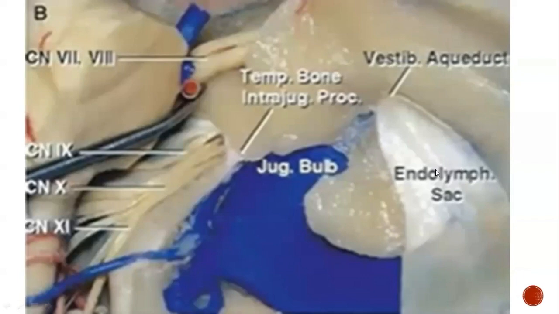Here, as I have already discussed, we have the endolymphatic sac, which opens into the vestibular aqueduct slightly lateral. So here we can see that this is cranial nerve 9, which is slightly medial. And then we have the 10th and 11th cranial nerves, which are traversing the jugular foramen slightly lateral. And this was the internal acoustic meatus, which I've discussed, where the 7th and 8th cranial nerves enter.